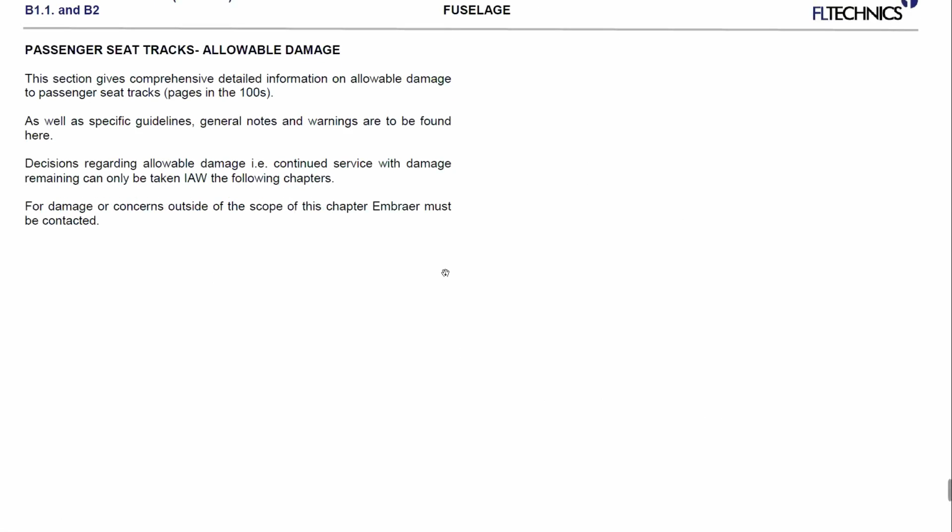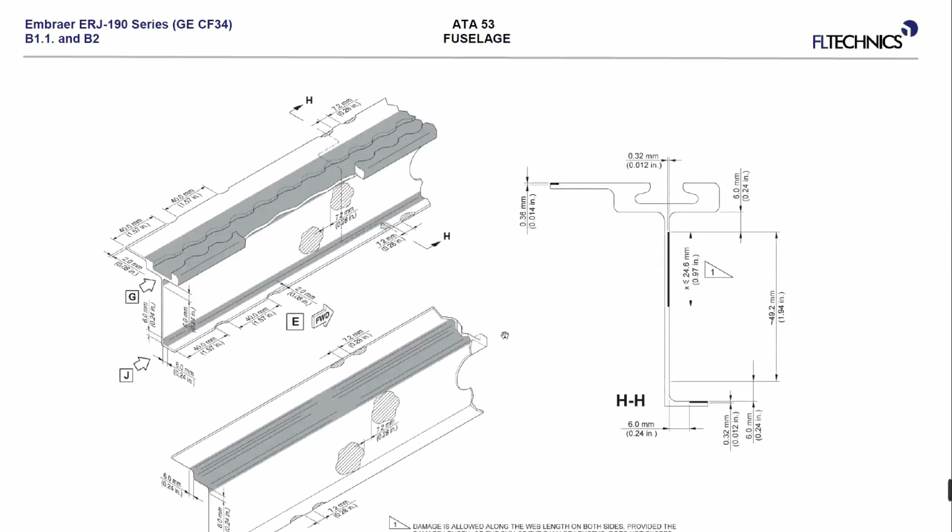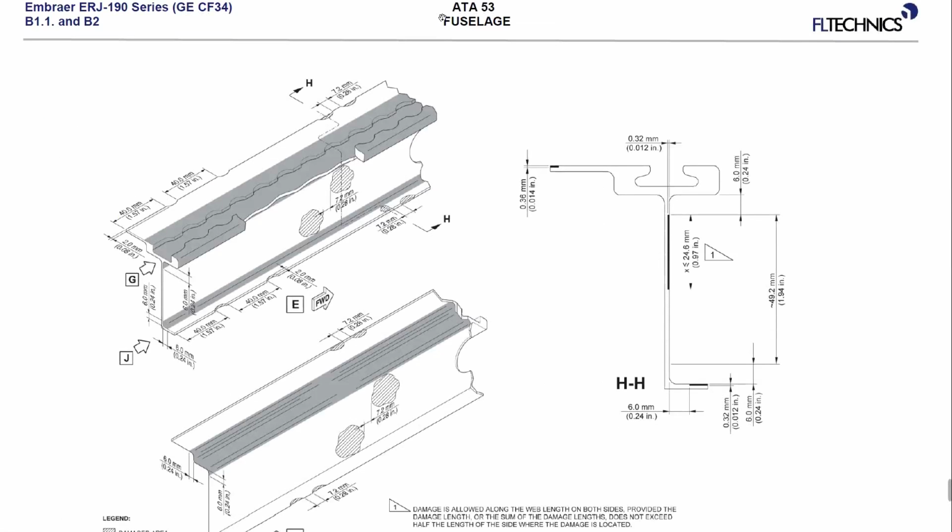Passenger seat tracks. Here, we have different repairs. Again, a very important component, the seat track, which is holding the seats and the passenger weight. We have some restrictions. Usually these seat tracks experience some corrosion and some cracks.